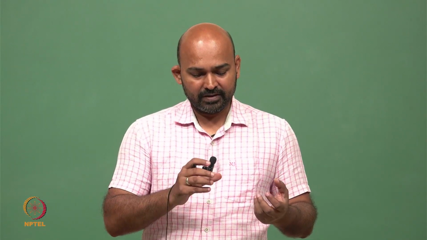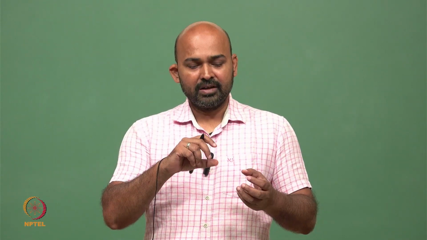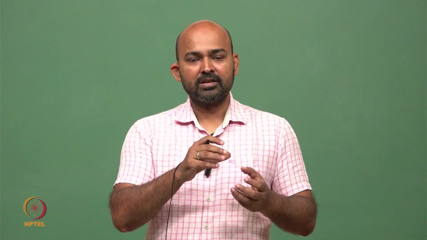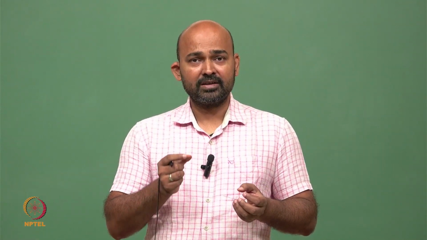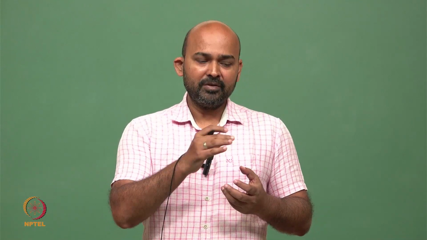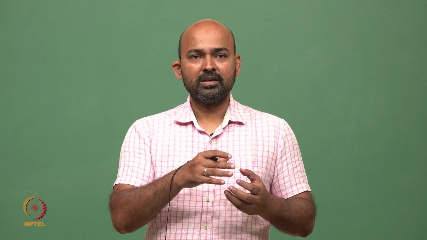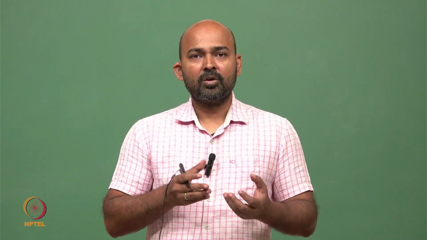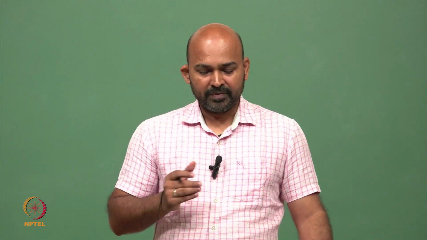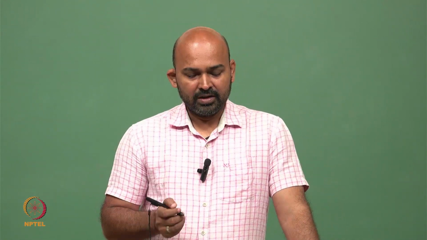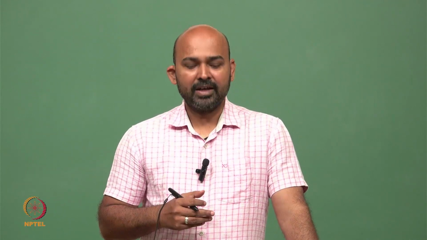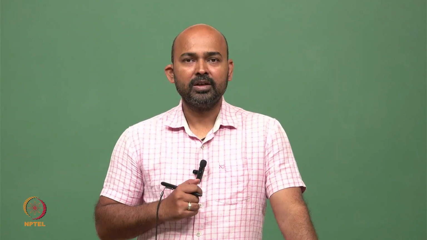And this RFID tag can be conveniently placed on the object, because these RFID tags are very small in size, they can be very comfortably placed on the object, and we can track all the objects in the complete warehouse or industry. So this is the RFID tags, and this is all for today.